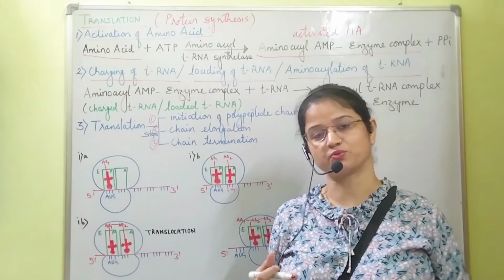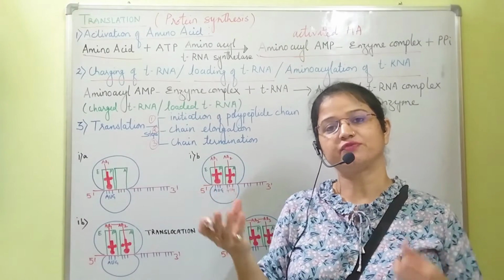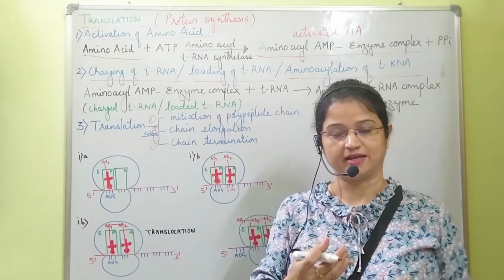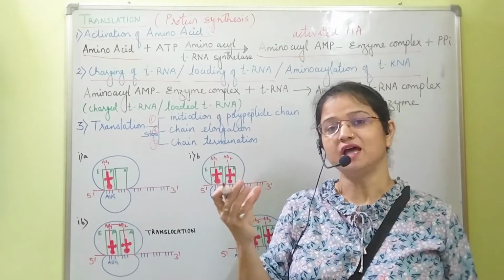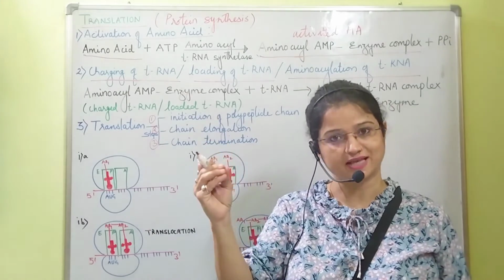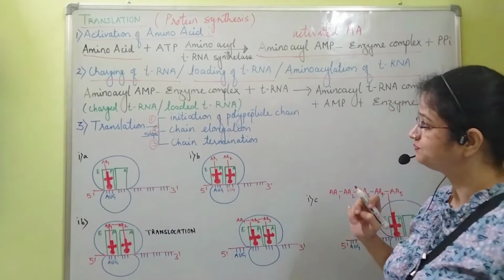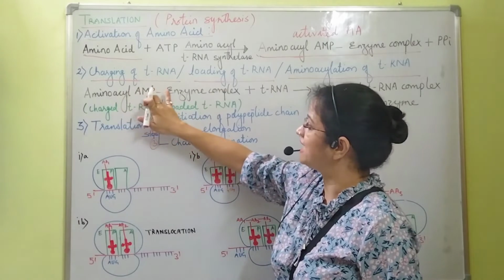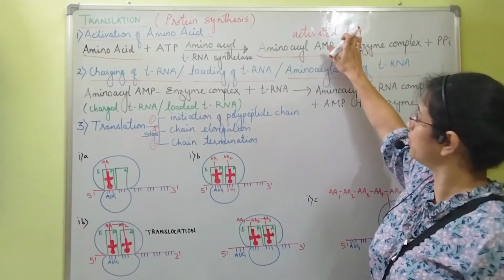During this process, what happens? This activated amino acid will bind to the tRNA, and we have discussed earlier that it binds at the amino acid binding site, which is present at the 3' end. Just see here, amino acyl AMP enzyme complex, which is our activated amino acid.